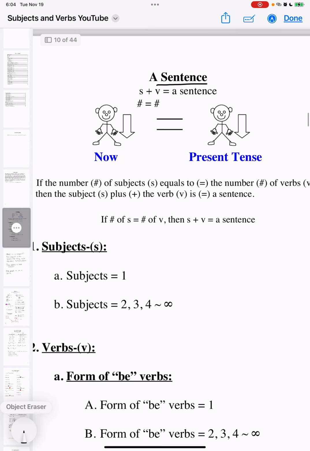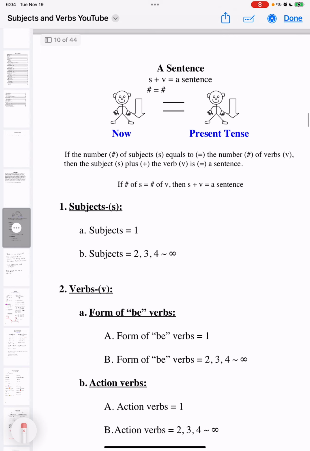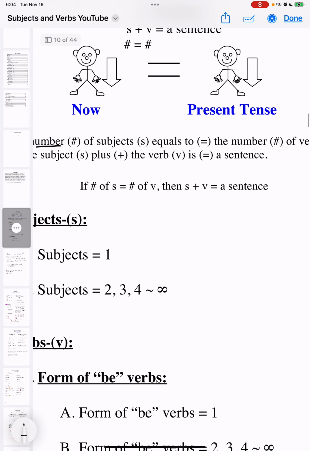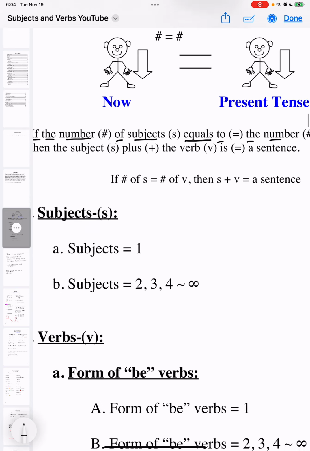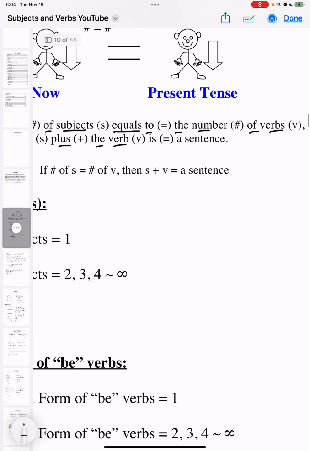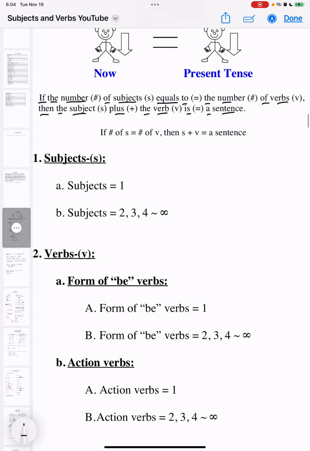Now, I have a really cool way to explain what a sentence is. If the number of subjects equals the number of verbs, then the subject plus the verb is a sentence.